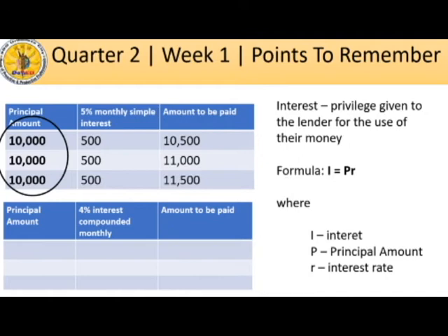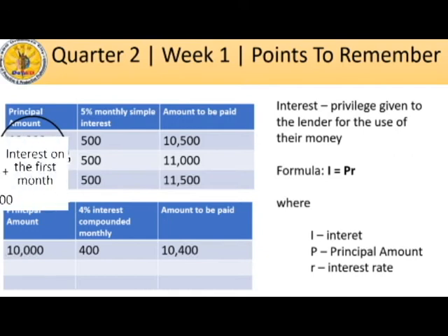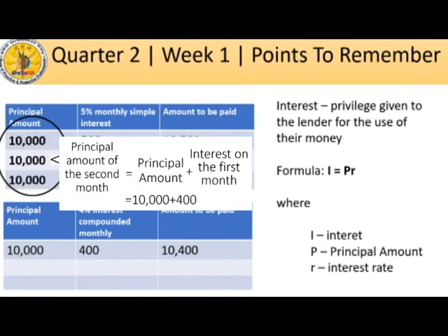By multiplying the principal amount of 10,000 to the interest rate of 0.04, we can see that the interest for the first month is 400. This is where it differs from the simple interest. In simple interest, the principal amount in the second month is still 10,000, but in compound interest, the principal amount on the second month is the principal amount and the interest of the first month.